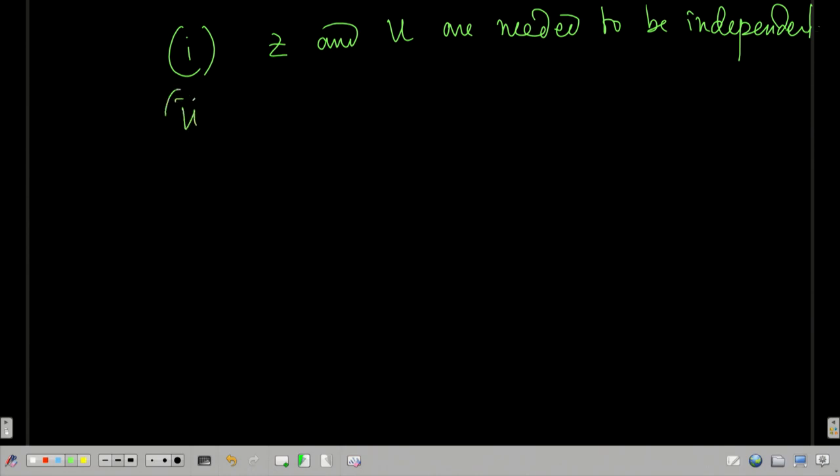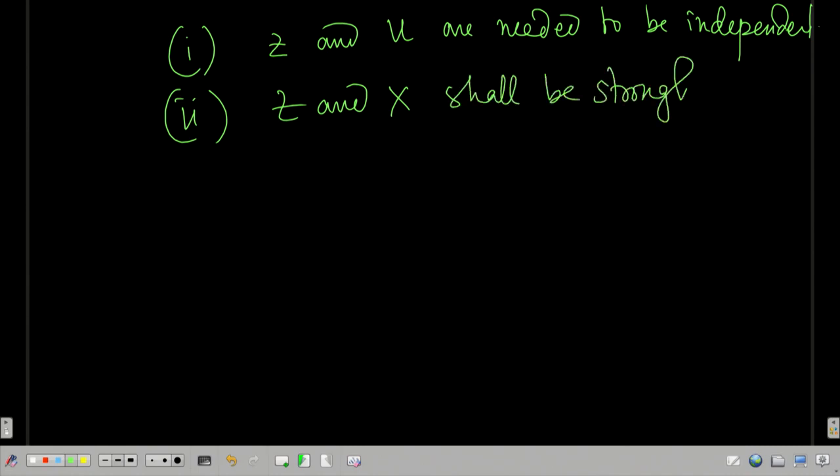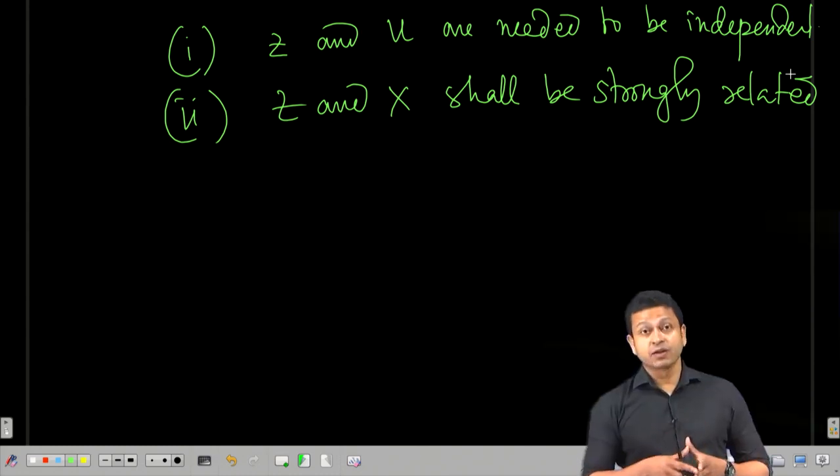Second, z and x shall be strongly related. Now, one more point we have to think about, and that is, z should not be a regressor, z should not be an explanatory variable on its own right.